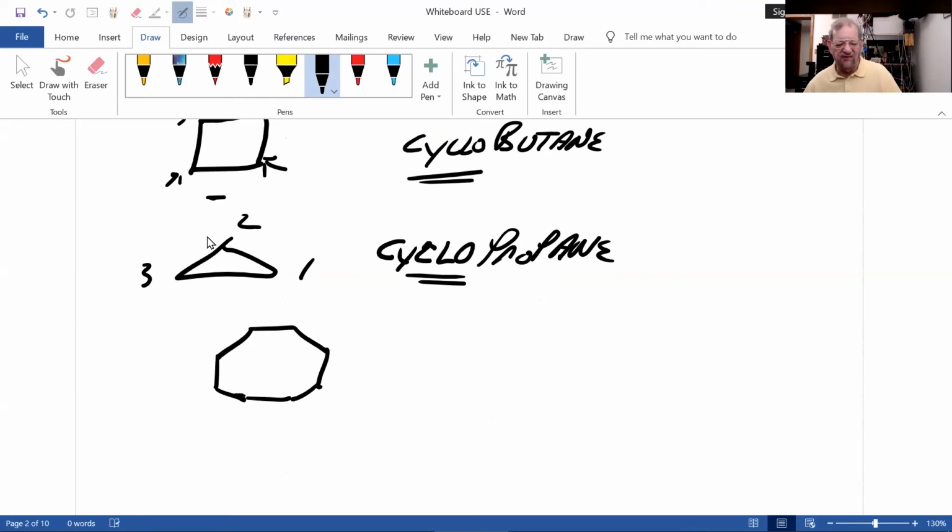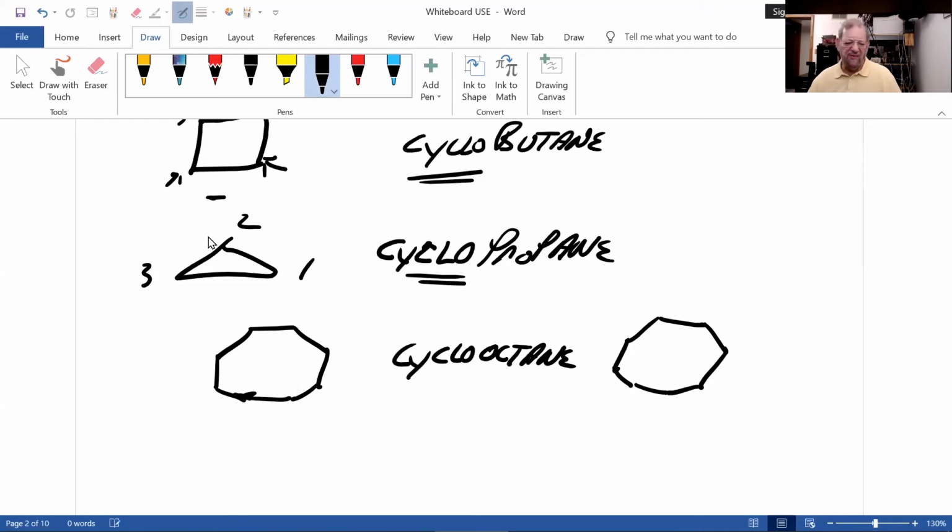And this has, you can't see this bend really well, 8 sides. And this is octane. It's cyclooctane. Let me try a better cyclooctane. That's a little better.